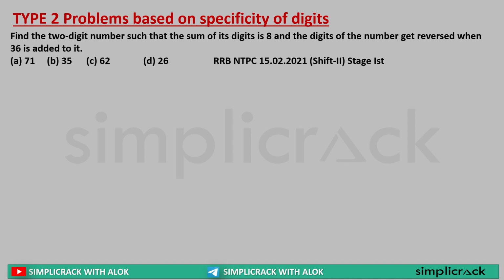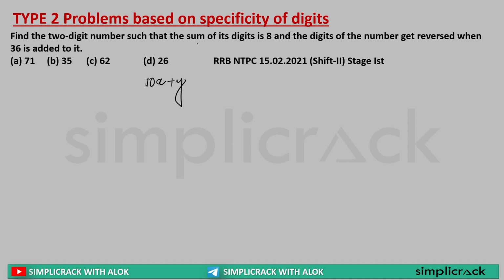Now, what is this thing? Find the 2-digit number such that the sum of its digits is 8 and the digits of the number get reversed when 36 is added to it. Now understand this. How to write a 2-digit number? What I told you, a 2-digit number can be written as 10x plus y.